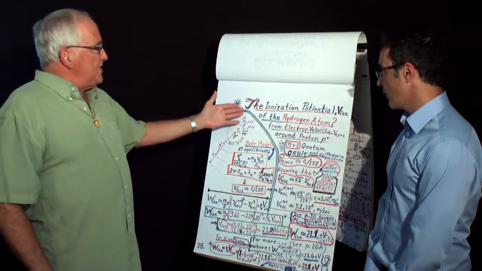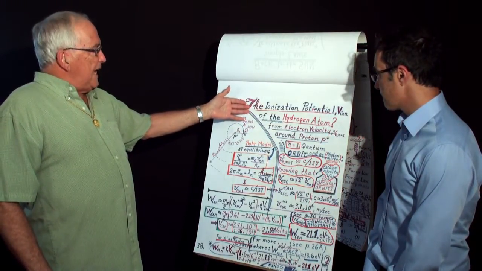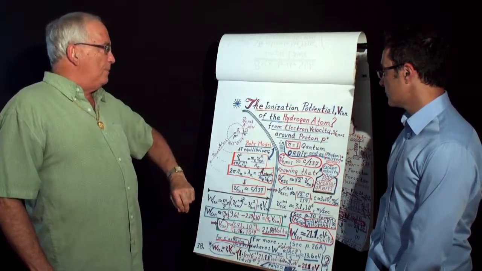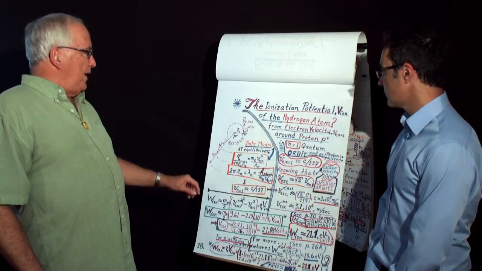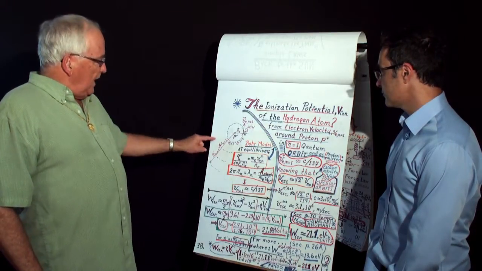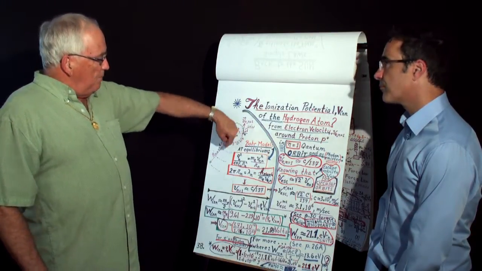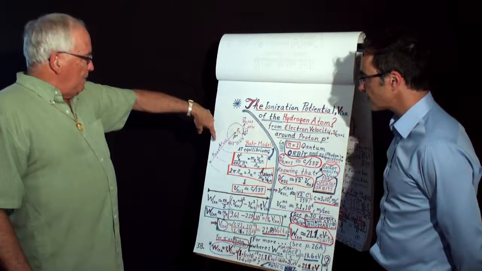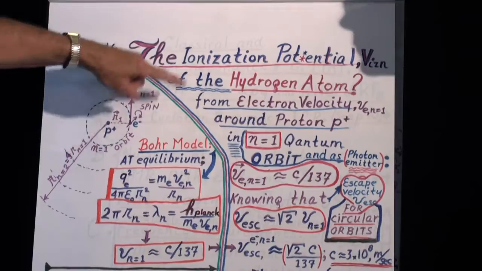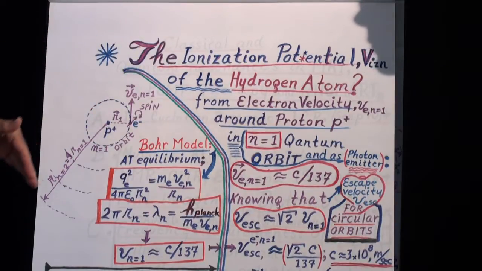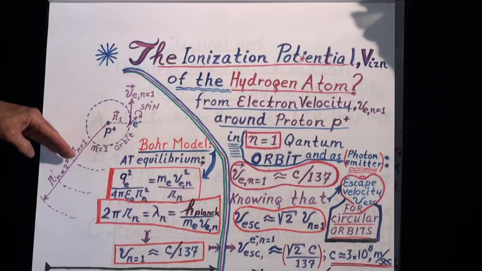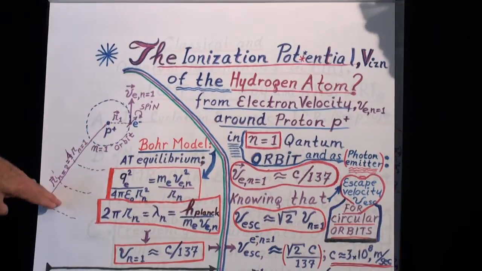But now it's just a try to calculate the ionization potential of the hydrogen atom, knowing that in the Bohr model of the atom, the electron can circulate on certain orbits. They cannot be everywhere. This is what we call the n orbit.